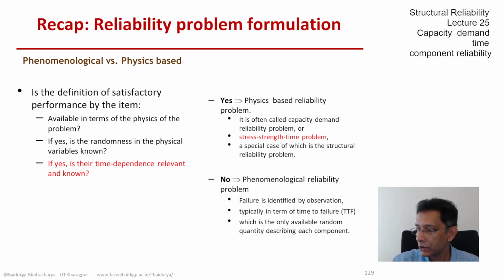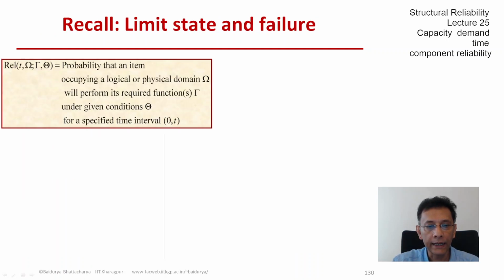So let's take a look at how we defined a component. In general, we defined reliability as the probability that our item of interest would perform satisfactorily during the service life under given conditions, and it must have some well-defined functions that it serves.